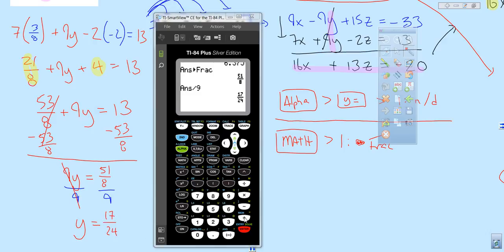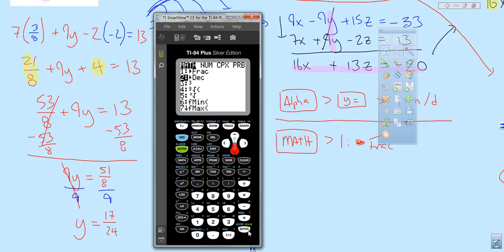Now remember, if you have a TI-83, that's going to be a decimal. So I'll just convert it to a decimal real quickly and act like we had a decimal on the screen. So if you have the TI-83, you're going to get this. That's not what my MyMathLab wants, so you'll need to convert that. You'll hit Math, number 1, changing that decimal to a fraction, and it kicks out that answer, 17 over 24.